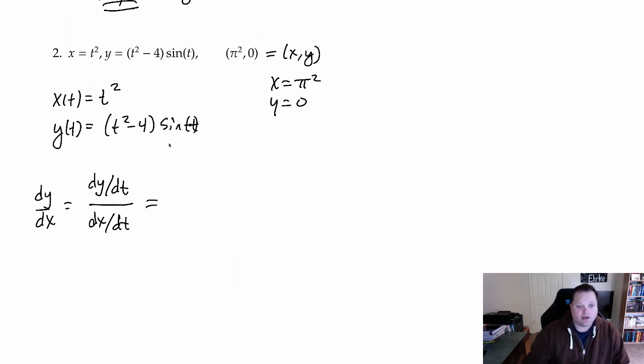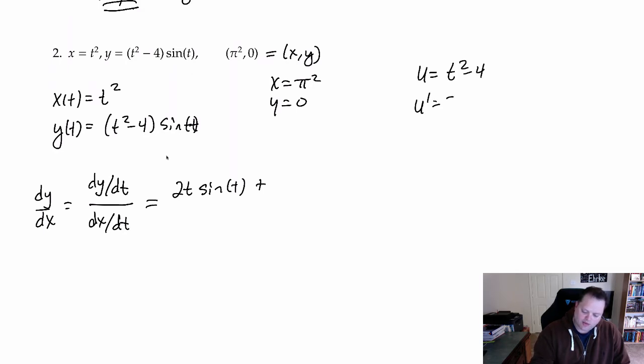So the derivative of y with respect to x, that's going to involve product rule. So let's do that real quick. This would be, let's see, 2t sine t plus, right, because I'm doing u is t squared minus 4, so u prime is 2t, and v is sine t, so v prime is cosine t. So u prime v plus u v prime.